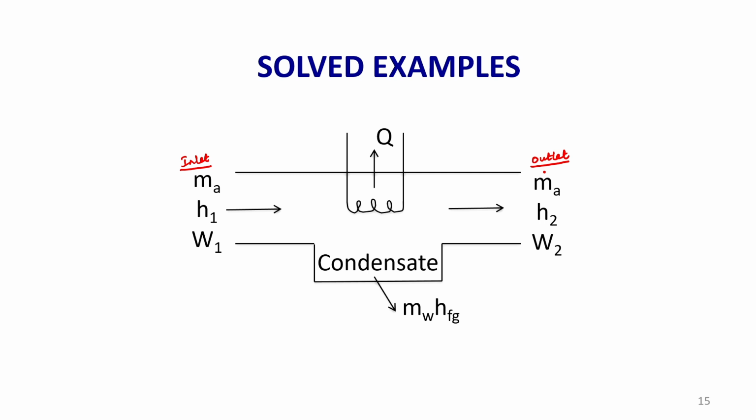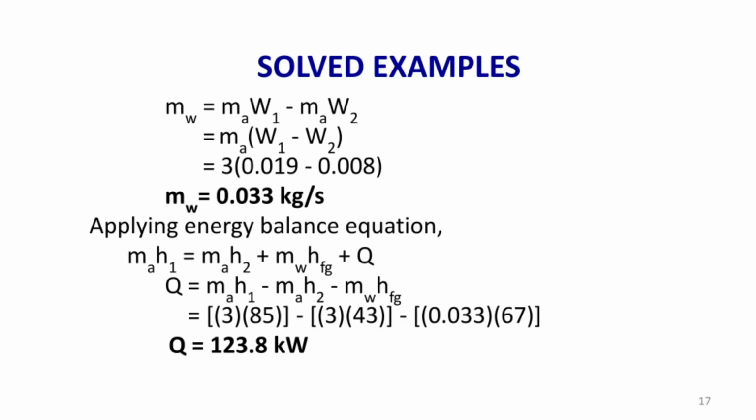So, when we write the energy balance, we have to bring in enthalpy. So, m dot A into H1 for the inlet is equal to the 3 arrows pointing outwards: one is Q, one is the condensate, and one is the quantity of air leaving the process with a particular enthalpy.